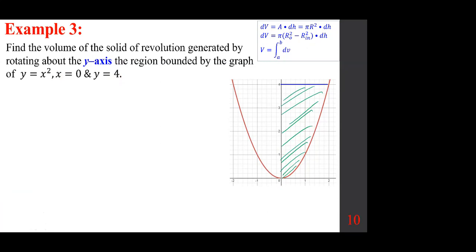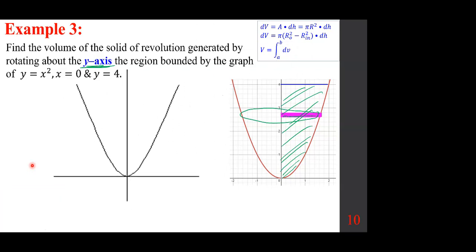okay, and so if I were to pick up a typical strip, it would be like this, and when I revolve it about the y-axis, it gives me a disk, but along the y-axis. So what do we need? Okay, it looks like this.